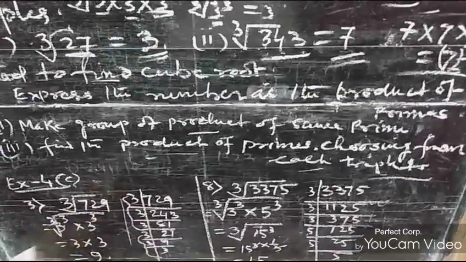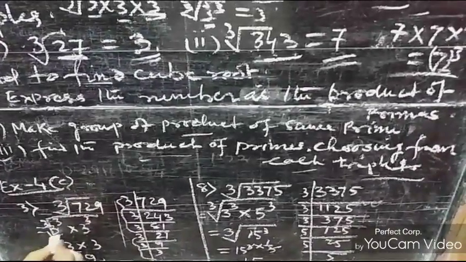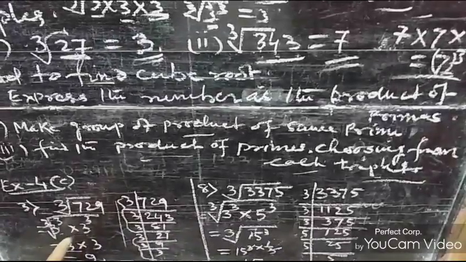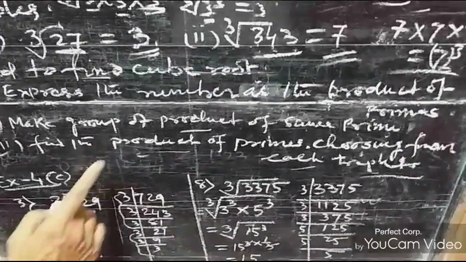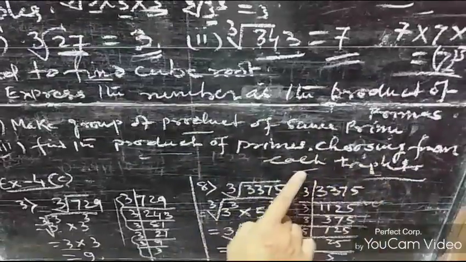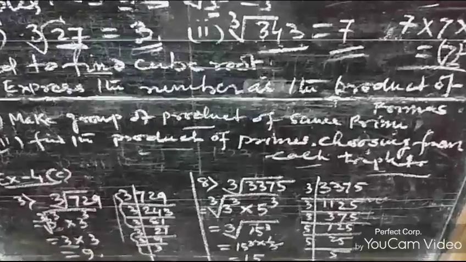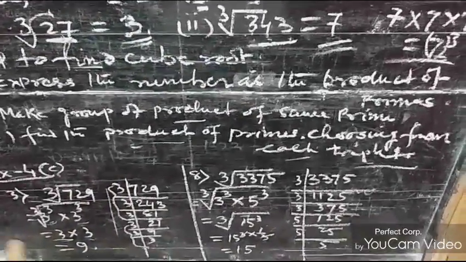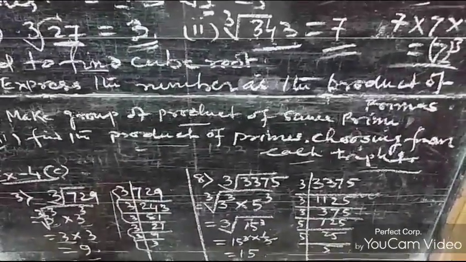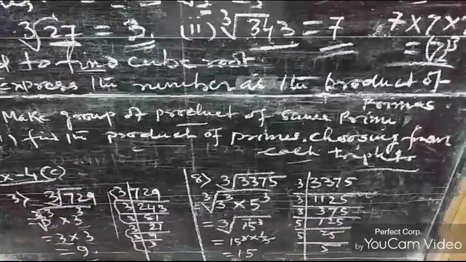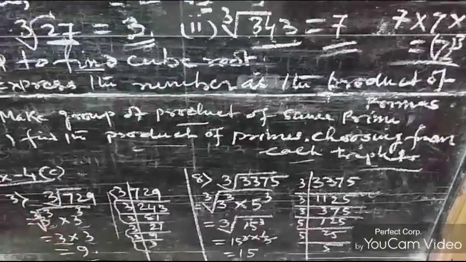The cube root of 3 cube into 3 cube comes to 3. From each triplet, one number comes out. That is the product of the primes choosing from each triplet. One comes from this triplet and another from the second triplet, so 3 into 3 equals 9, and this is the cube root of 729.